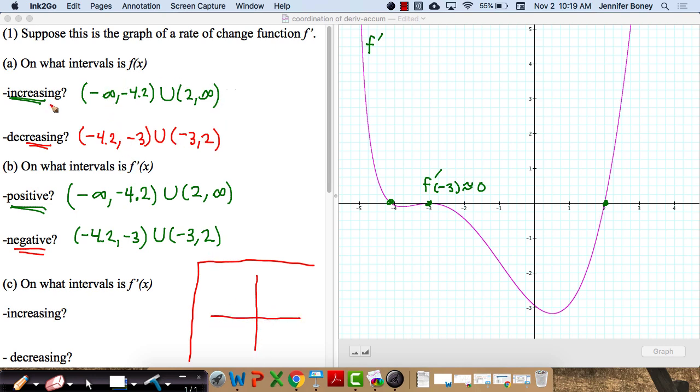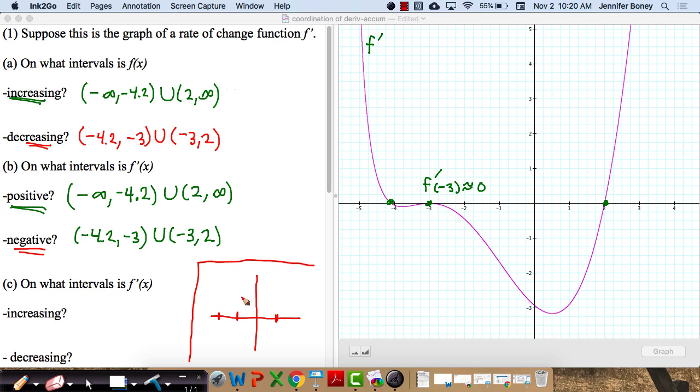Well, f of x is increasing, and then decreasing, and then decreasing again after taking a brief pause, and then increasing. So uphill, downhill, downhill, uphill. So my key points are negative 4.2, negative 3, and 2.